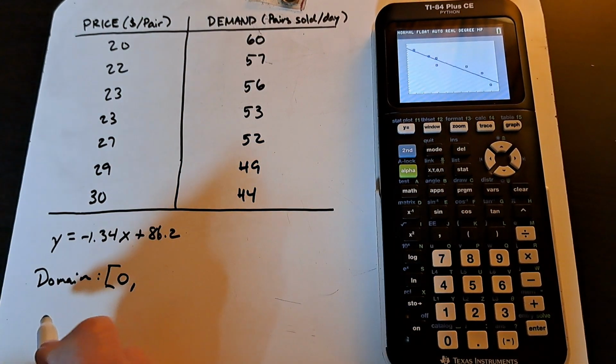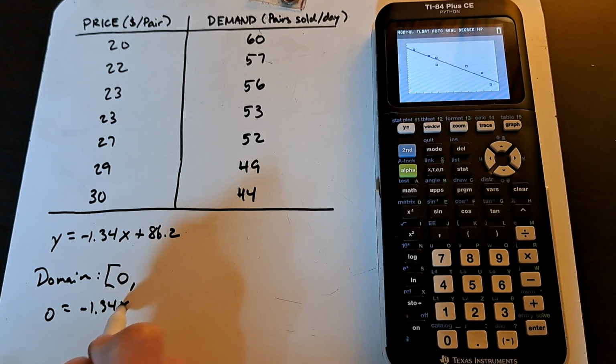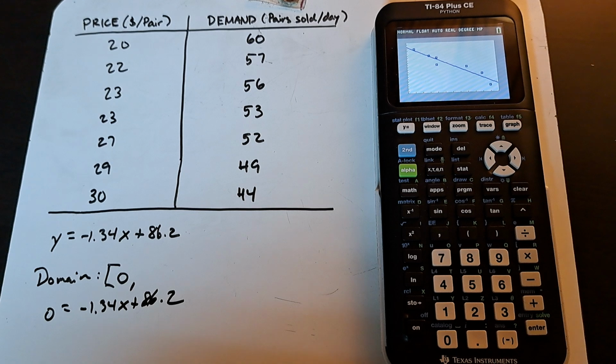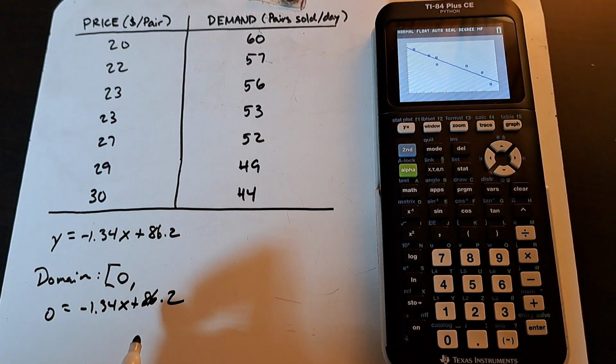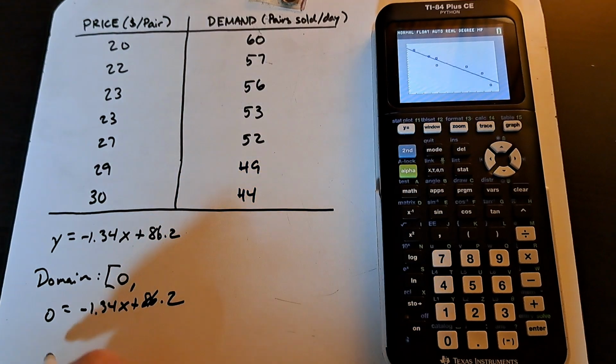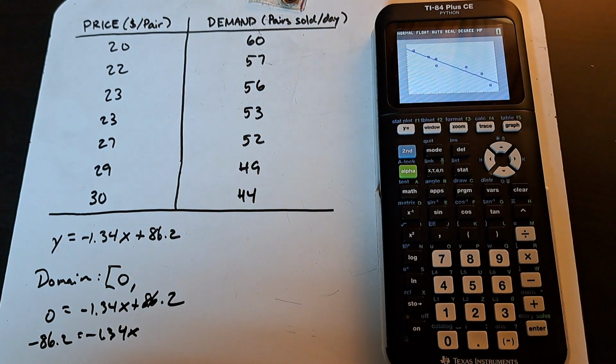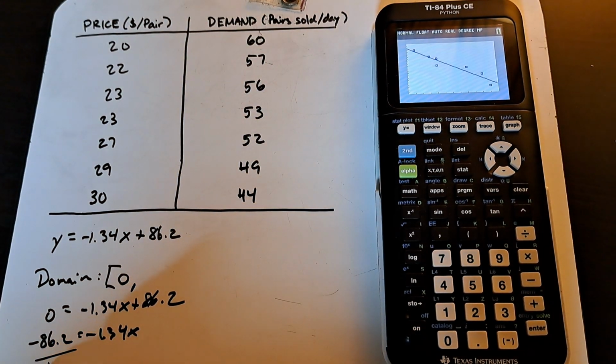Well, if I figure out where the output is equal to 0, I'm basically solving this equation for x, okay? And so what I'm going to do is I'm going to subtract 86.2 on the other side. And then you can see here, in order to find x, I need to divide that by negative 1.34.